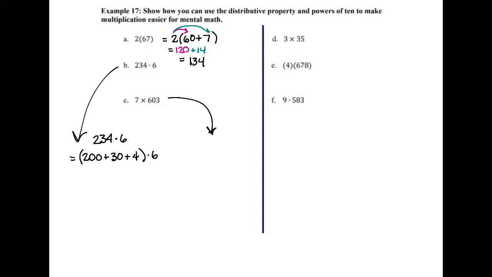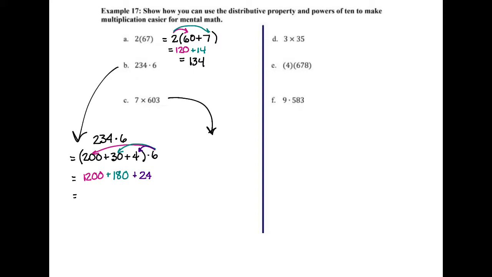Okay, so I'm going to put a couple equal signs down here. So 6 times 200. 6 times 2 is 12, and then I left off 2 zeros. Okay, 6 times 30. So 6 times 3 is 18, and 1 0. 6 times 4 is 24.